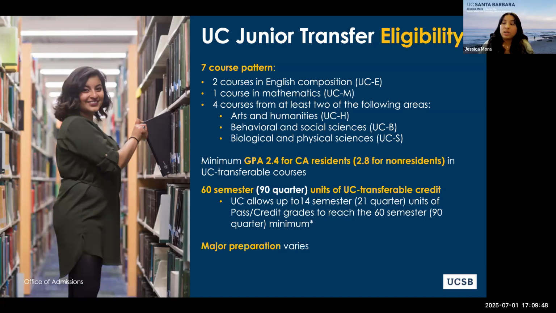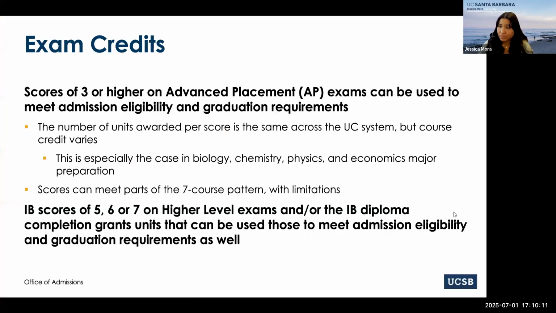Basically, for those majors, on top of just this minimum eligibility, you also need some additional courses. I won't go too into depth on all the courses that you need, just because that is a lot of information and a lot of different requirements for specific majors, but I'll definitely make sure to link where you can find that on our admissions website. And we ourselves also have ongoing webinars on specific majors and all of that stuff here as well.